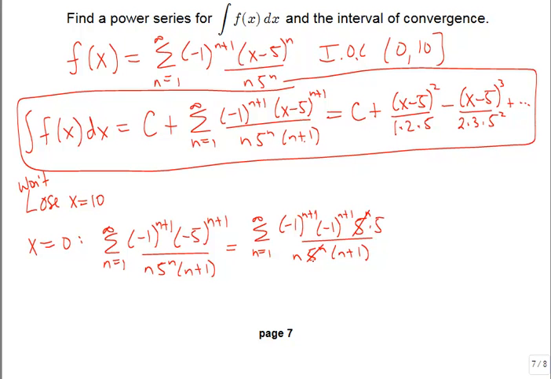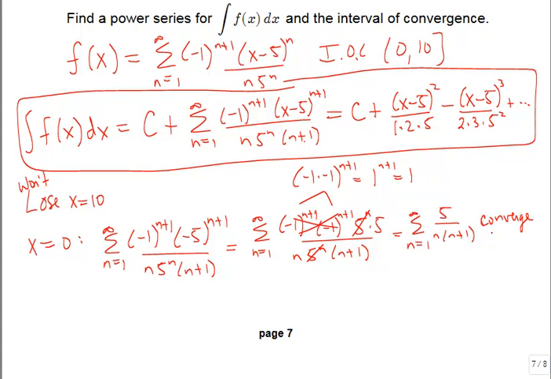So the 5 to the n's cancel, and negative 1 times negative 1 to the n plus 1, both of those are raised to the same power. So it's like a negative 1 times a negative 1 raised to the n plus 1, and that's just 1 to the n plus 1, which is just 1. So these two cancel each other out. So this is the series 5 on top over n times n plus 1. And that's acting like a 5 over n squared. So that's going to converge.